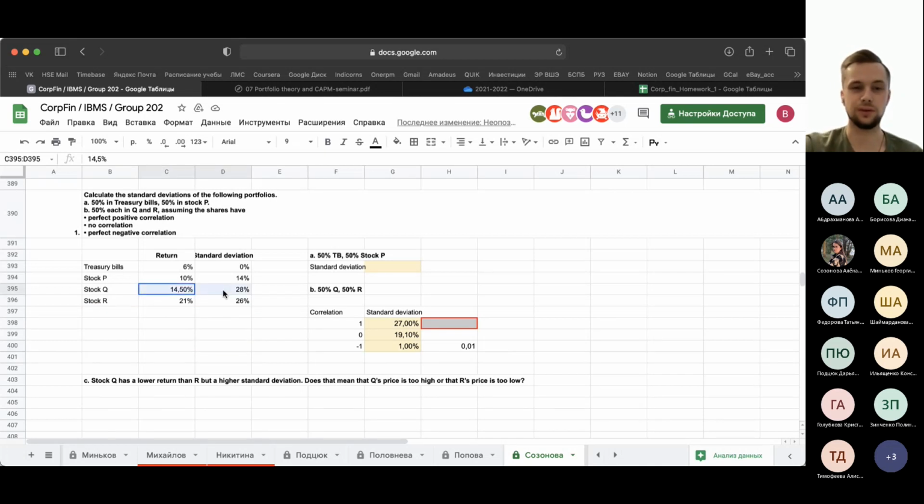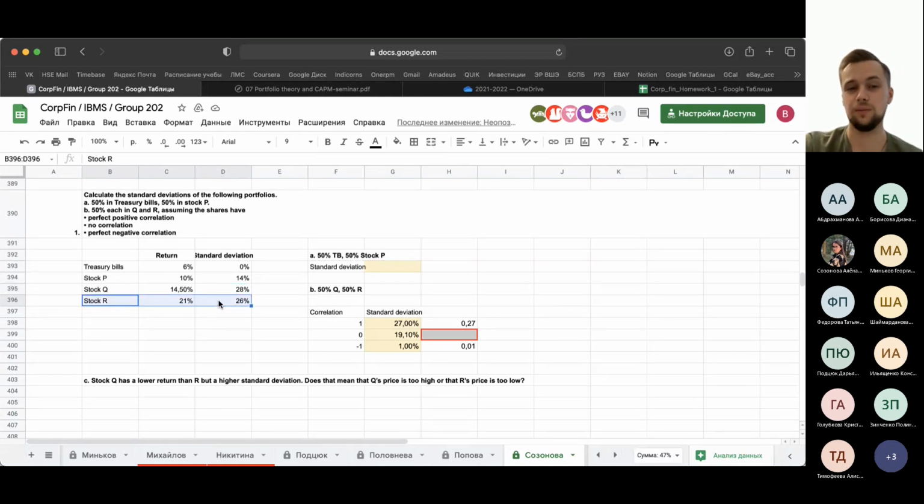If you see this situation where the return for stock Q is lower but the standard deviation is high, it doesn't mean that stock Q is overvalued. Maybe both stock R and stock Q are undervalued.